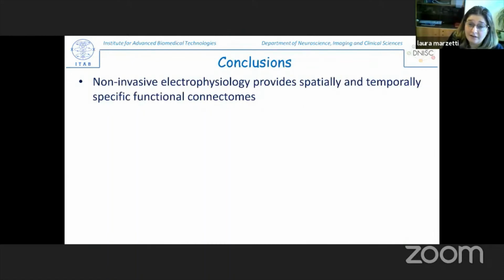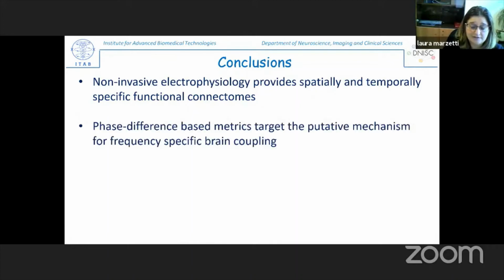So I think that the conclusion that we can derive from my talk today is that although very different from those that many neuroscientists are used to, we can derive connectomes with EEG and MEG. And these are, of course, spatially defined, maybe less well defined than fMRI, but still with spatial specificity and with temporal specificity, such as that shown in, for instance, our visuospatial attention data, in which we have observed that these quantities vary depending on the different phases of the task.